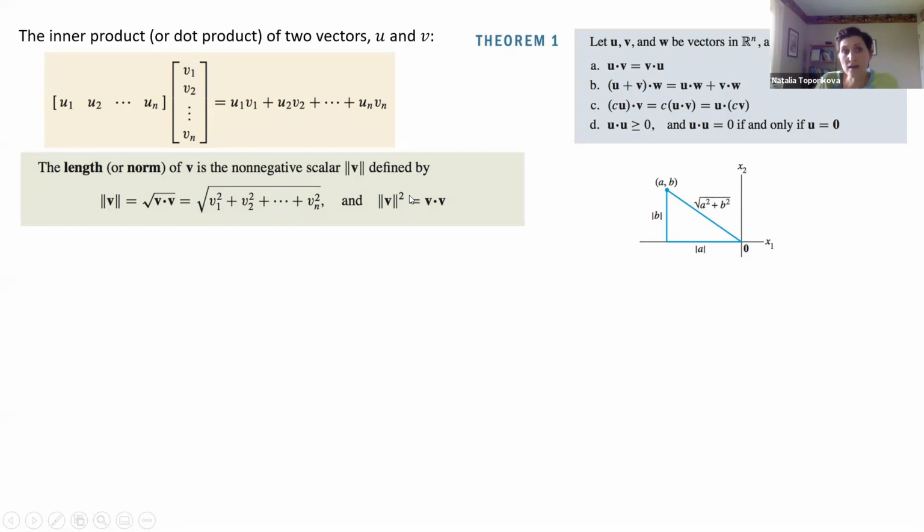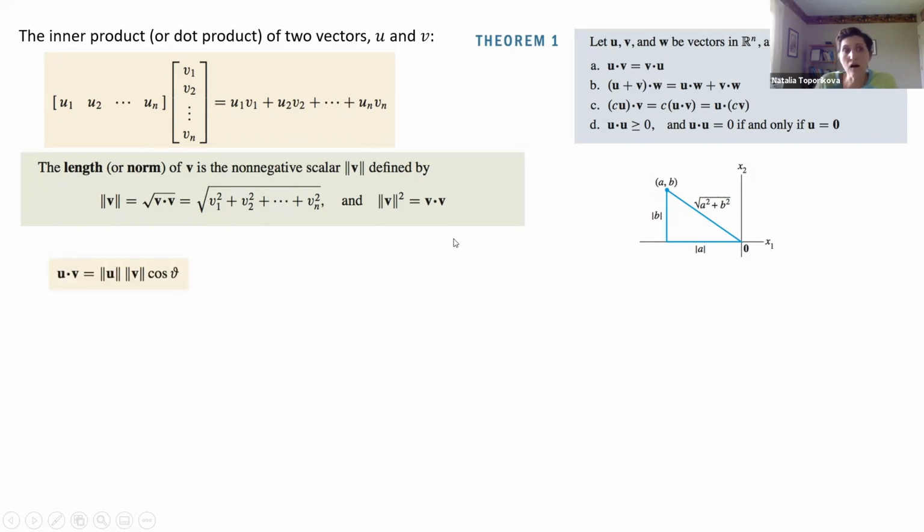You can think about this length as an extension of the Pythagorean theorem to n-dimensional space. We can measure the length of a vector even if it has thousands of components. All we have to do is take each component of the vector, square it, add them together, and take the square root. We call this measure either length or norm, so you will often use these two ideas interchangeably in this course.